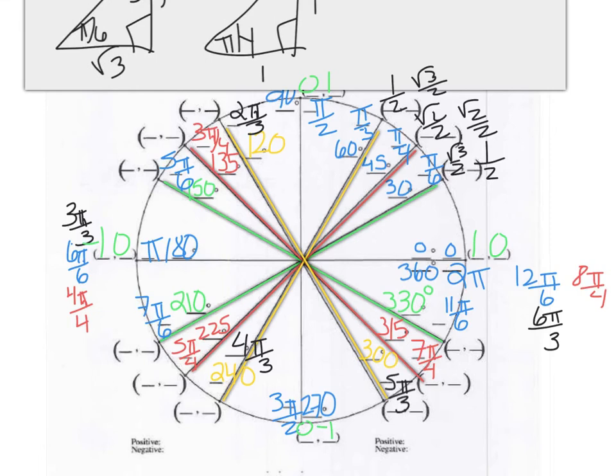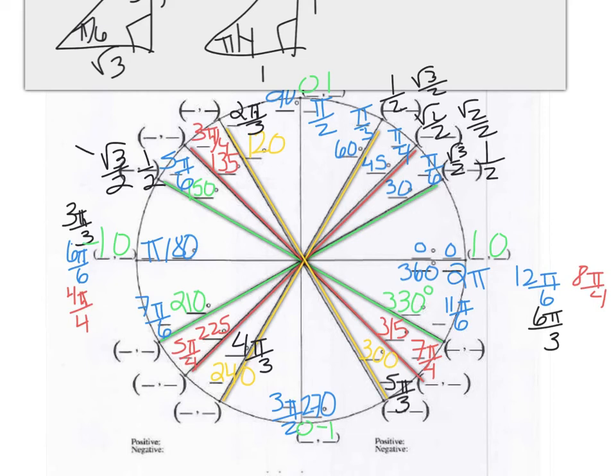So, to fill in the rest of our coordinates, now we have everything we need. Because of the symmetries of the circle, everything with a pi over 6 reference angle is going to have these coordinates. So I can come over here to 5 pi over 6, and I can fill in root 3 over 2 as the x, 1/2 as the y, but now that we're to the left of the origin, the x-coordinate is negative.